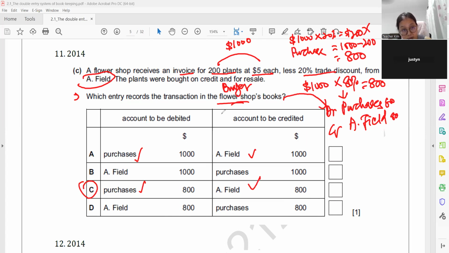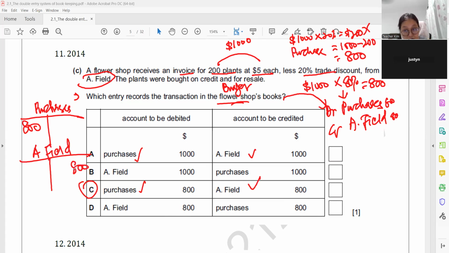When the buyer does the recording, the flower shop has to record purchases 800, because purchases are received. Who is giving out the flower? Ali Field is giving out the flower. So that's why we have to credit. Credit is the giving out. This is out. This is in. Clear?